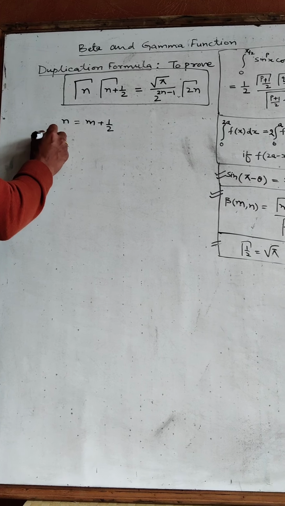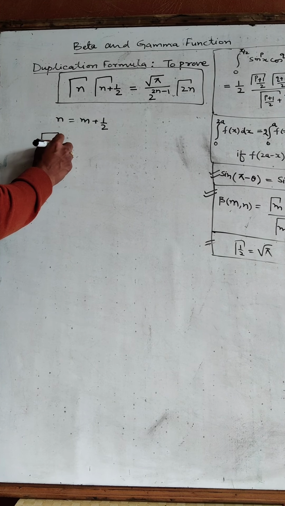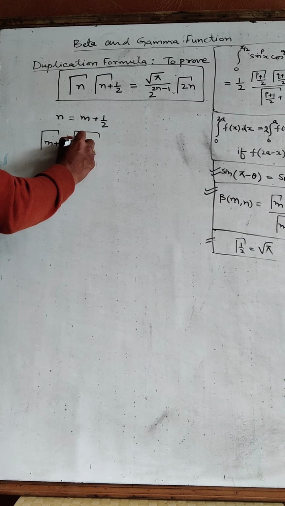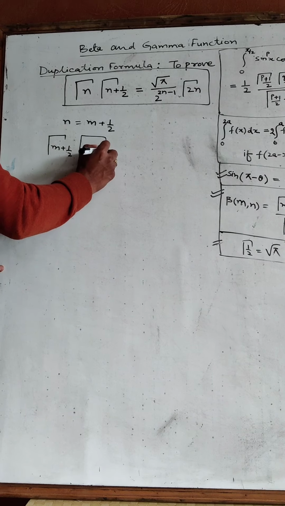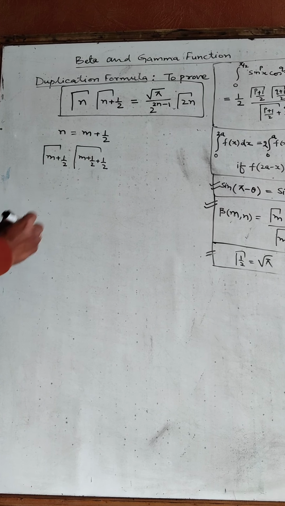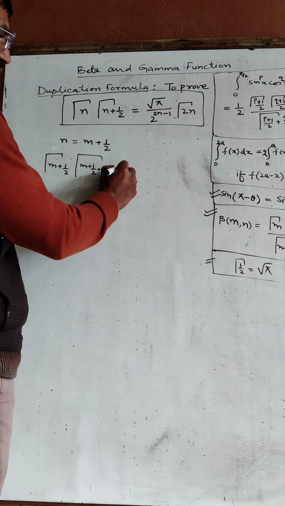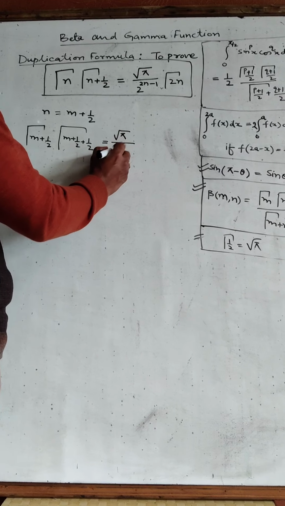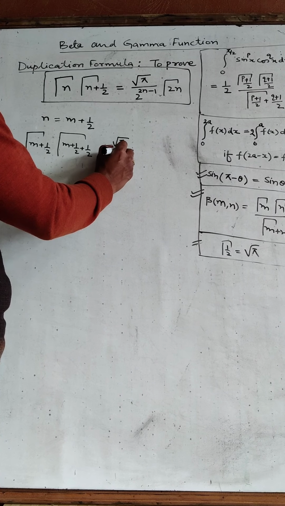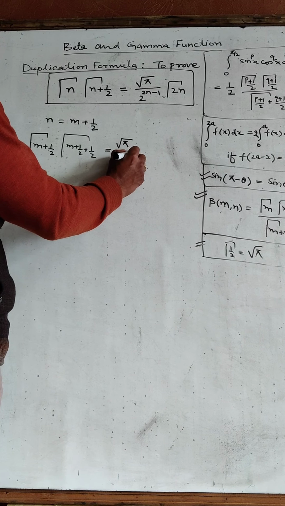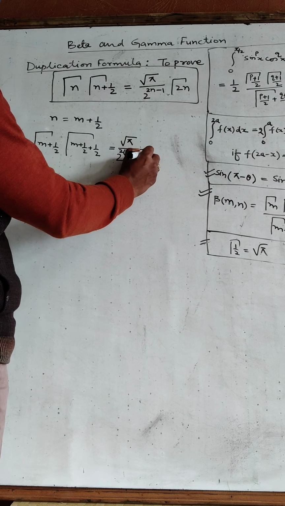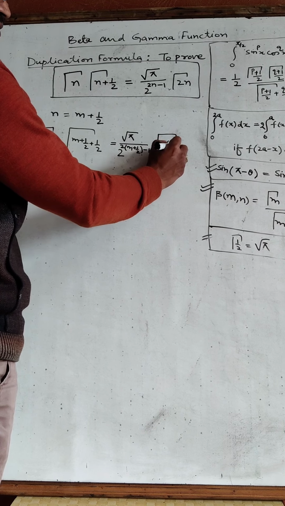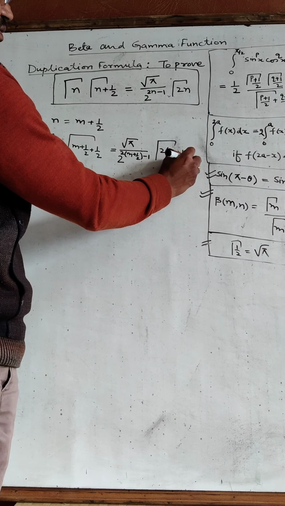It would be gamma of m plus 1 by 2 into gamma of m plus 1 by 2 plus 1 by 2, and that would be equal to square root of pi over 2 raised to the power 2 into m plus 1 by 2 minus 1 gamma of 2 into m plus 1 by 2.